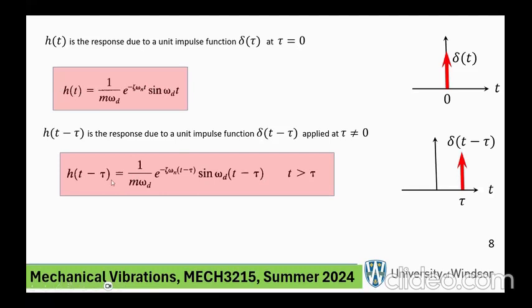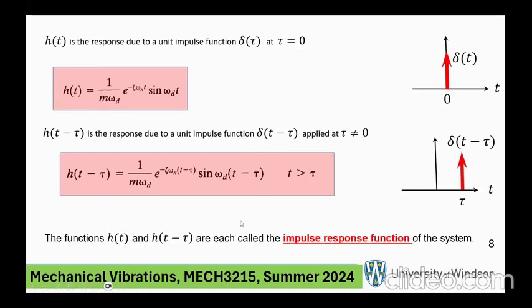This is the impulse response due to an impulse which came to life at time t equal to tau. T is shifted by tau, t minus tau. These are both called impulse response function, and some books call it unit impulse response function because the f hat value that ordinarily is sitting here is 1.